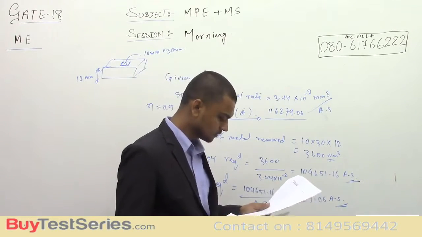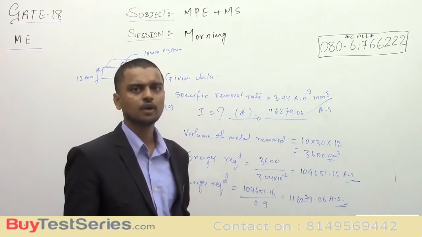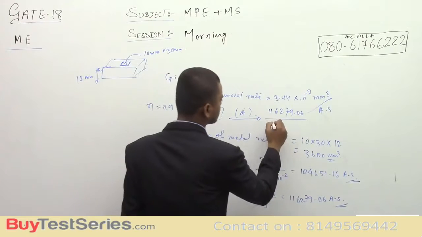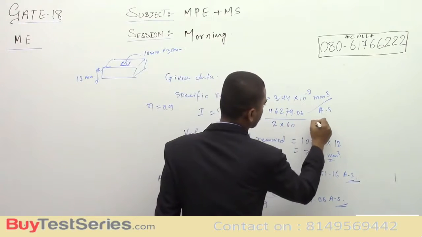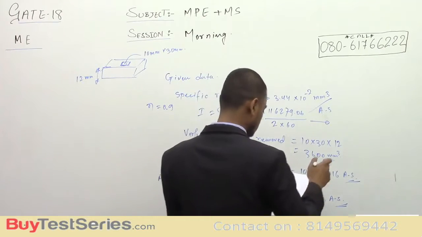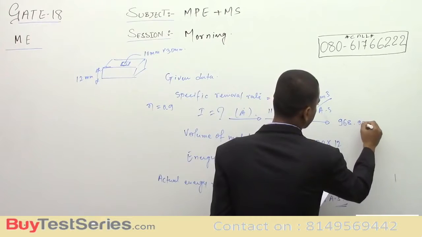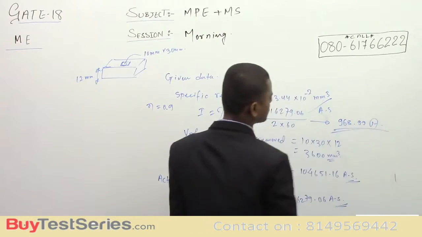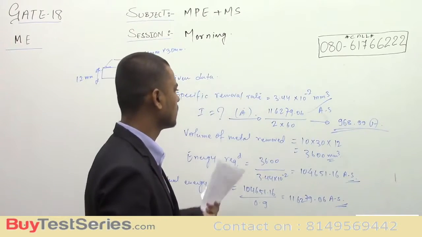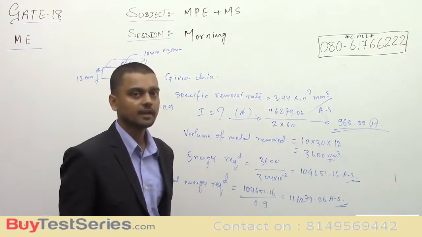Time is given, that is the ECM operation will be accomplished in 2 minutes. So 2 minutes means 2 into 60. So you will get 968.99 ampere. So this much current is required to remove this much volume 3600 mm cube in 2 minutes.